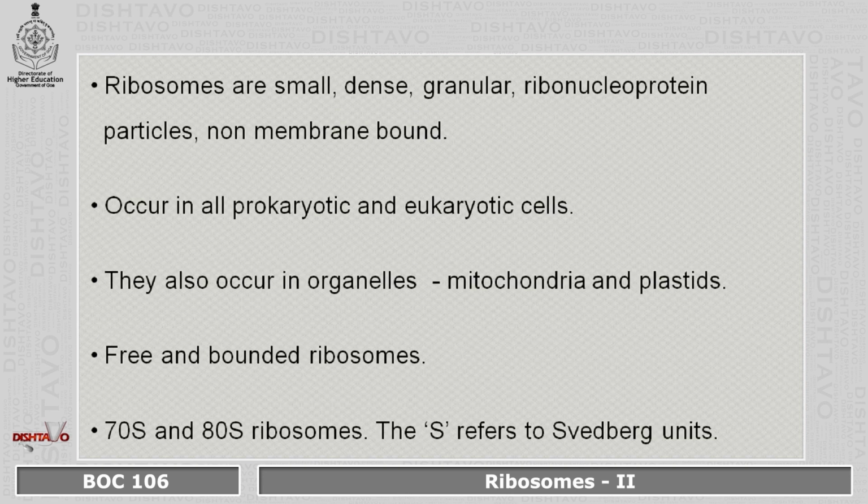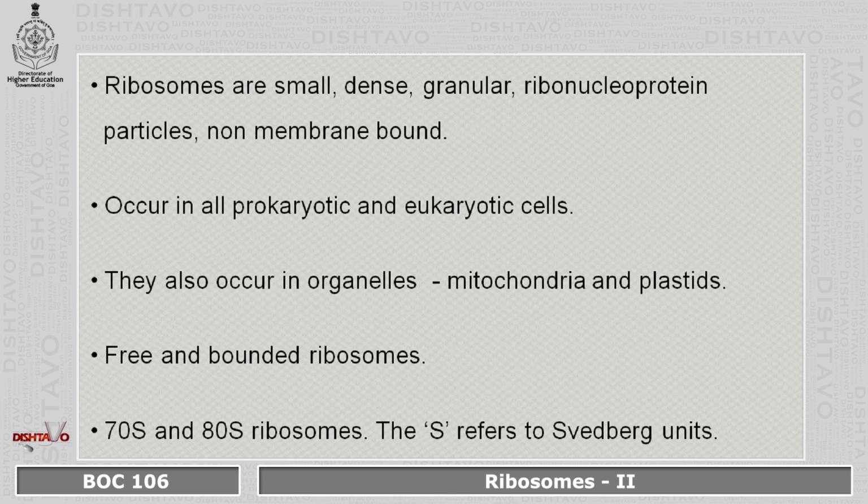Ribosomes, they are small, dense, granular ribonucleoprotein particles. These are non-membrane bound. They occur in all prokaryotic and eukaryotic cells. They also occur in organelles like mitochondria and plastids.